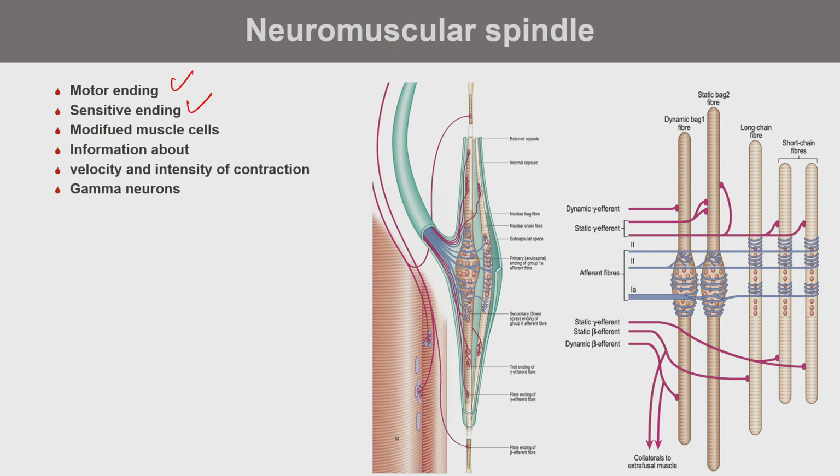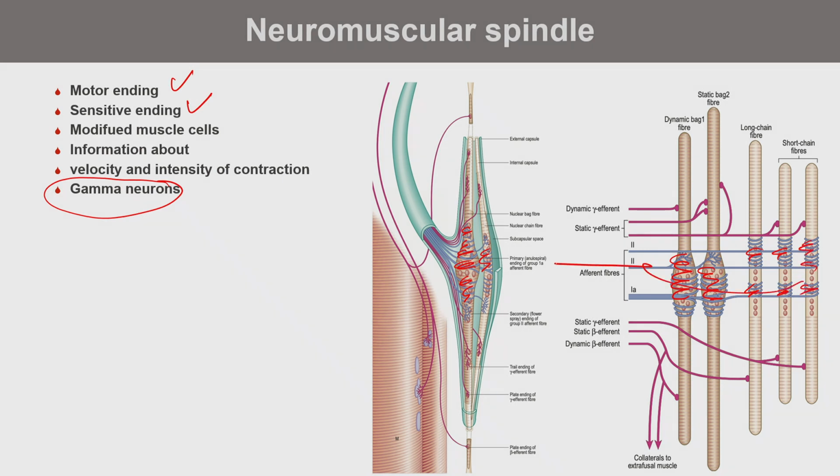They are made from modified cells, and the spindle has innervation from gamma neurons. And the information created here goes here. The blue ones are spiral-like endings, which are in the middle of the spindle.